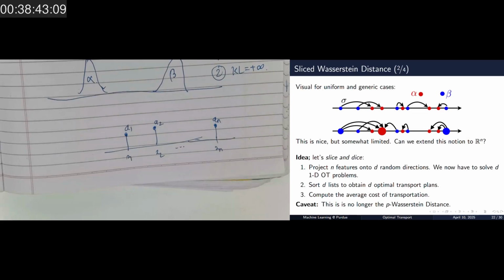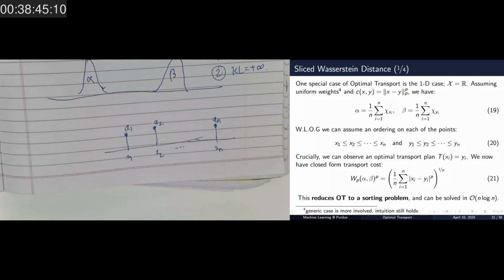Okay, yeah. Just think about the one-dimensional problem to start with, right? The sorting is happening in equation number 20. We have measures alpha and beta, right? X1 through xn are the points in my input measure, and y1 through yn are the points in my target measure.